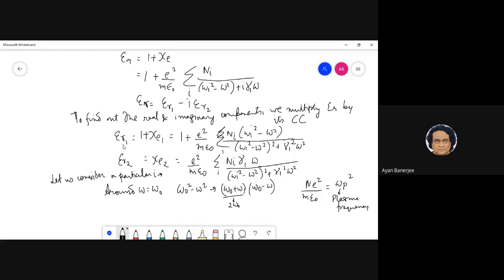But can you appreciate what kind of effect this will have? What do you think will happen?